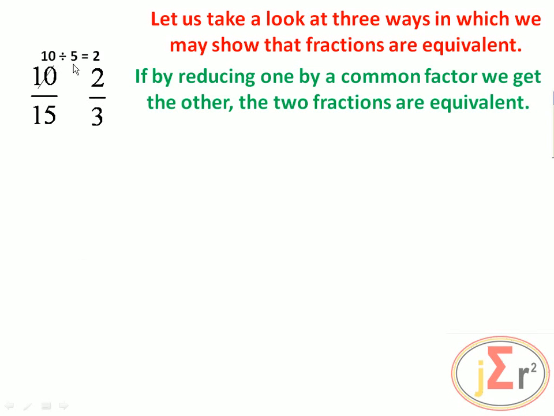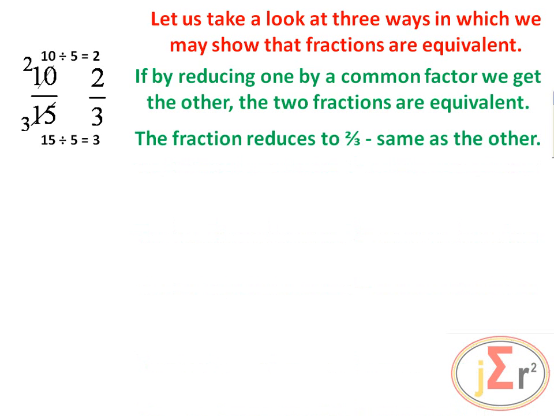So 10 divided by 5 is equal to 2, and 15 divided by 5 is 3. The fraction reduces to 2/3, the same as the other.